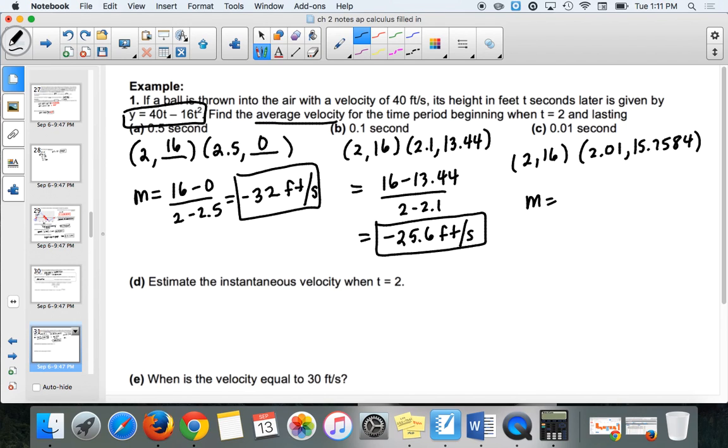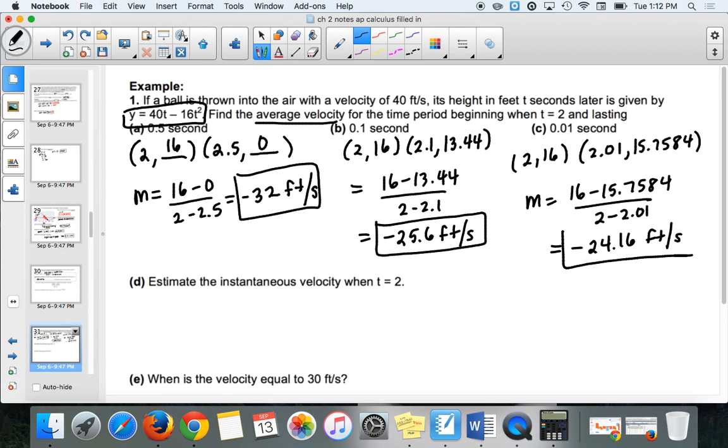They would not put it even like this on the non-calculator portion, would they? No. What do we get? Negative 24 point something. 16, is that right? I don't know. You guys can figure it out. I think that's what it is, but that's just me memorizing numbers.